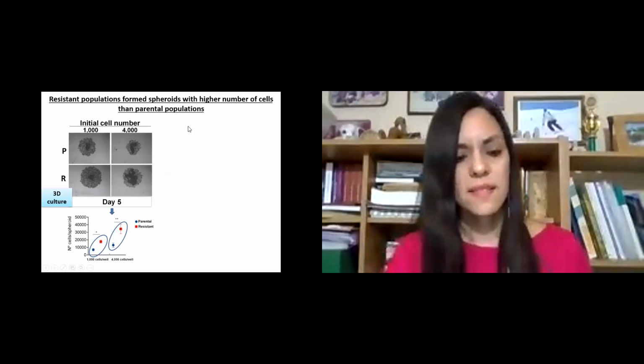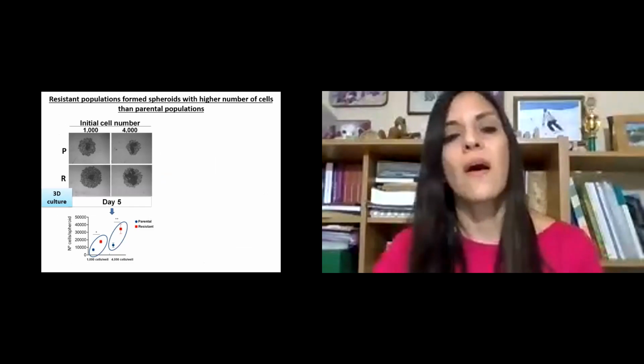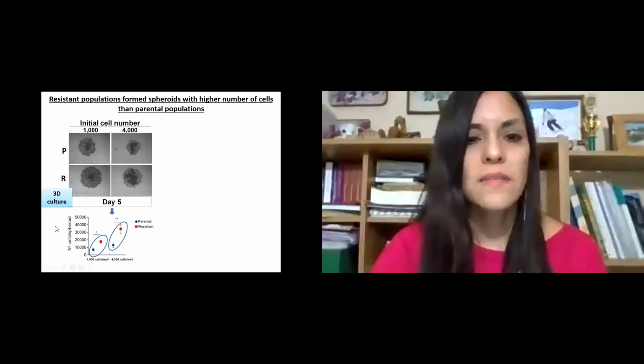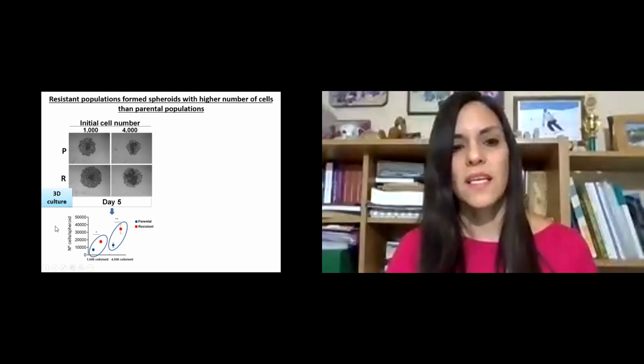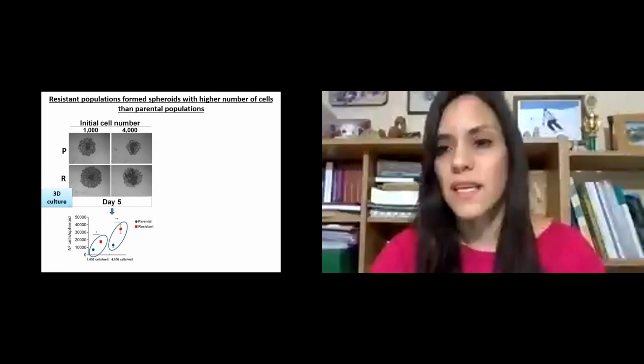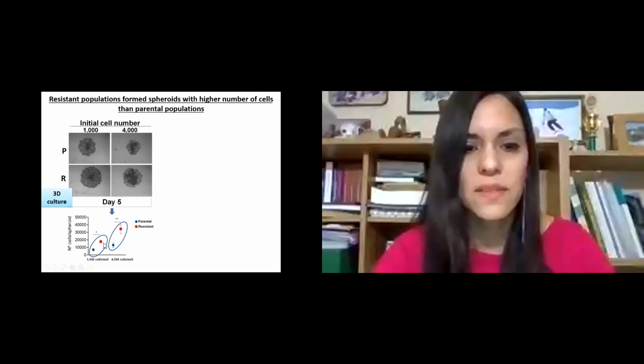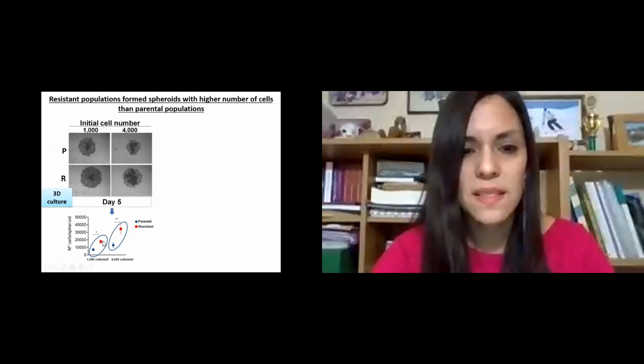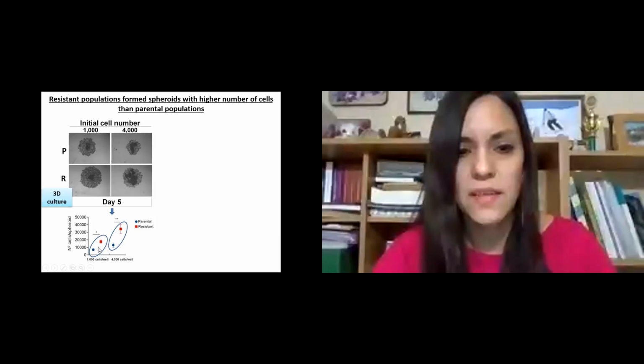Interestingly, resistant cells not only accumulate less photosensitizer, but they are more proliferative in three-dimensional cultures, as we can see in the quantification of the number of cells per spheroid, here in resistant cells in red, and here in parental cells in blue.